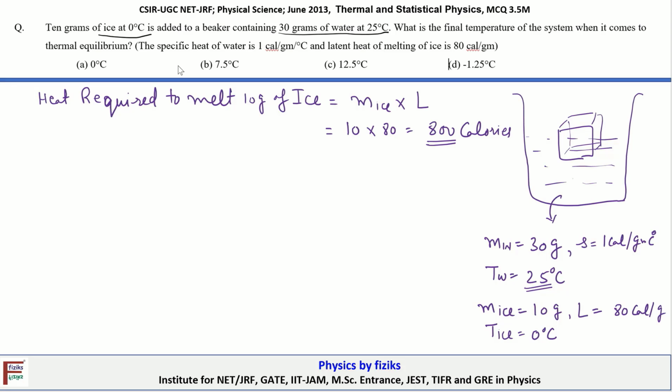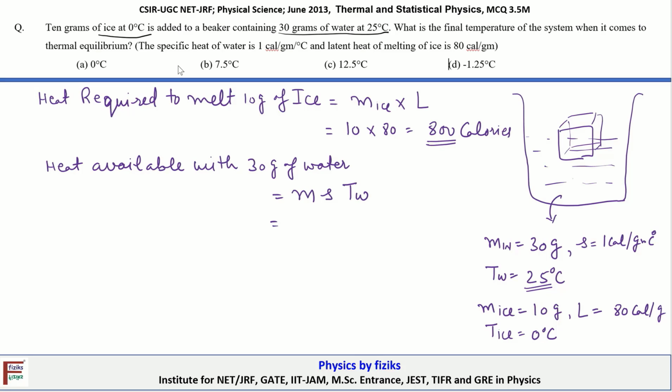Now let's check whether this much energy is available with 30 gram of water at 25 degrees Celsius or not. The heat available with 30 gram of water is equal to the mass of the water multiplied by the specific heat of the water, which I call S, and the temperature of the water.